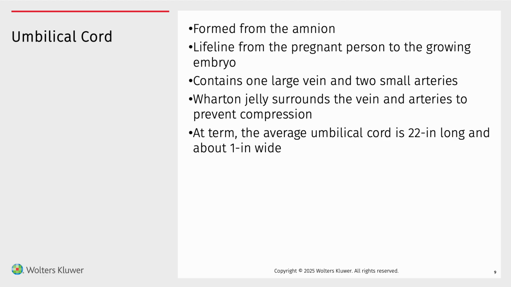Cords that are too short can cause problems during labor, such as restricted fetal descent. Cords that are too long may become knotted up or wrapped around the fetus, nuchal cords, which may or may not affect fetal well-being depending on the tightness.